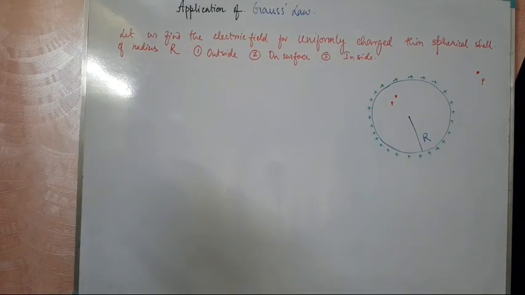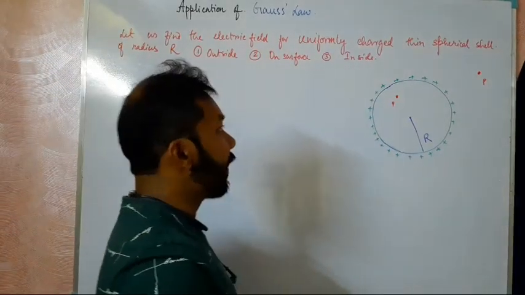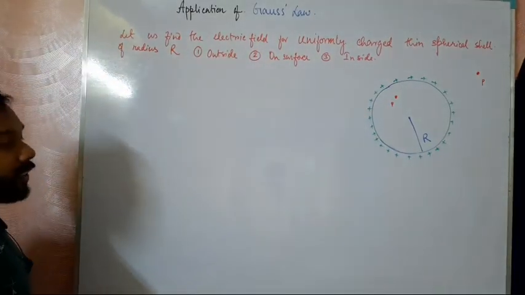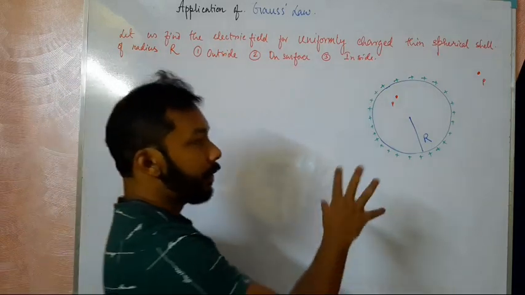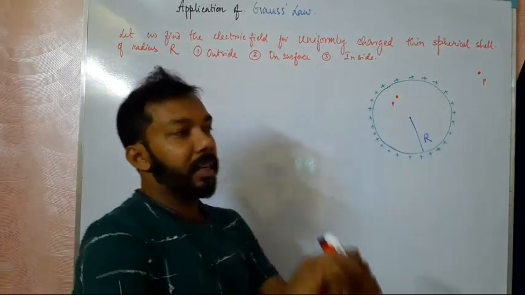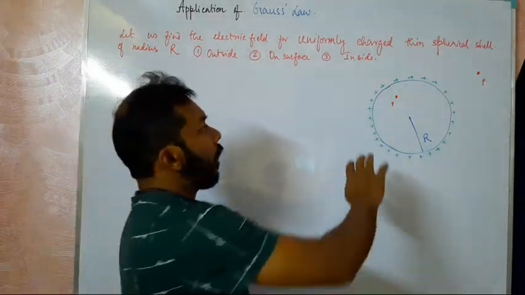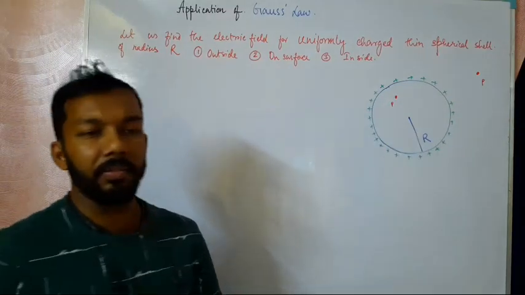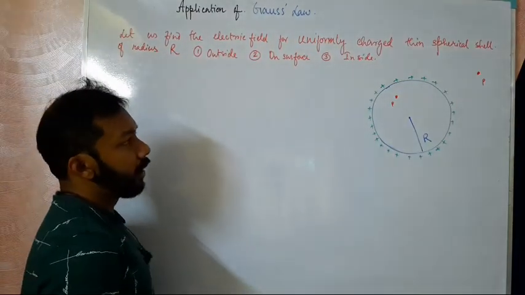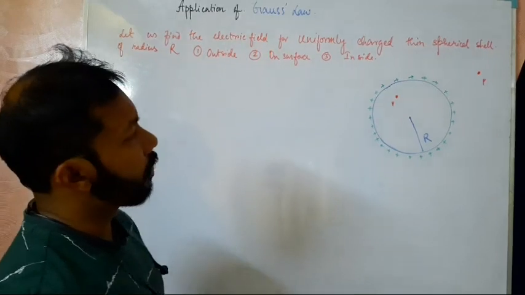So here is our next problem. We need to find the electric field for a thin spherical shell. Spherical shell means it is empty, hollow inside, and it has a very thin layer or very thin circumference, and it is uniformly charged.